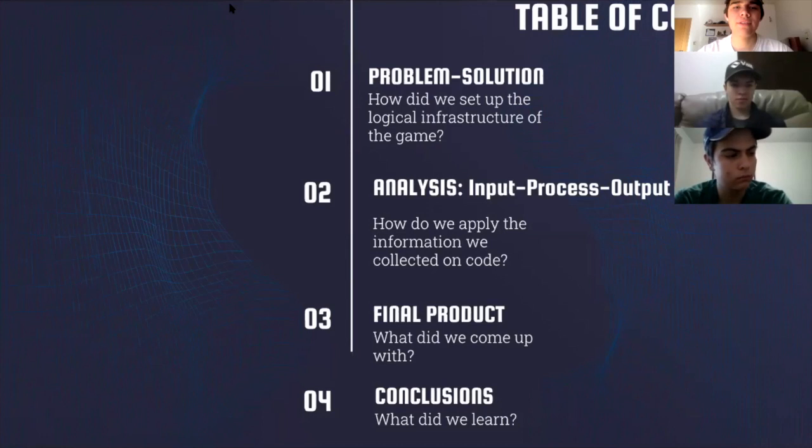Then we have the analysis section, which basically explains the input, the process, and the output of the pseudocode we developed. In the next section, we have the final product, which was the code we developed on Microbit. Finally, we have the conclusions of what we learned during the project.